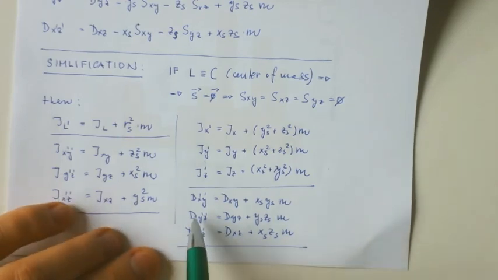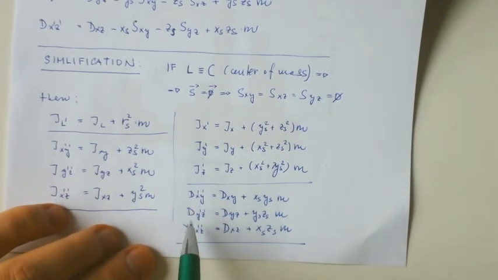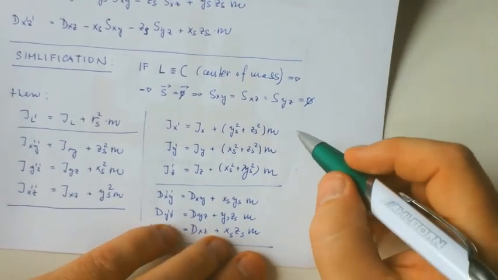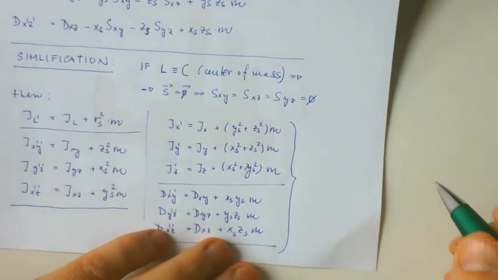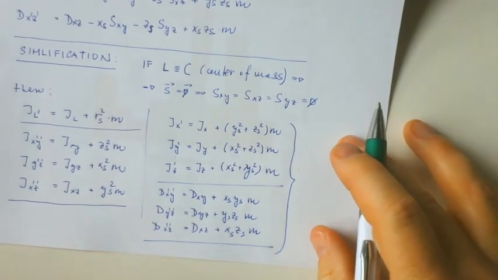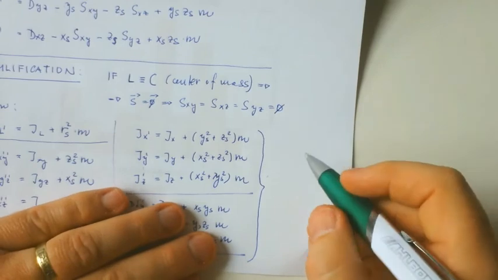So there are the new values of products of inertia for the new coordinate system, and all these expressions, all these formulas, are called Steiner's theorem.